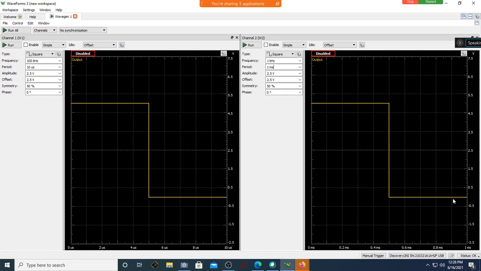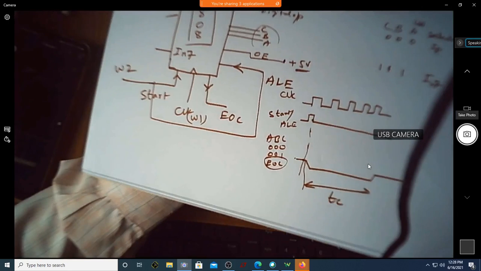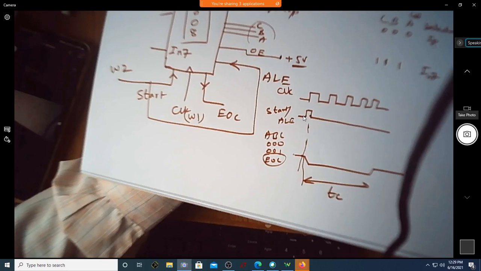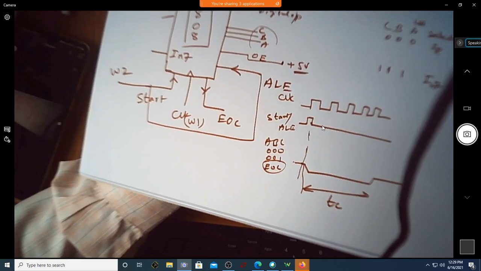So it will be starting from 0 and going to 5. Can you see what is the requirement of a clock like this? Do you want a clock like this? This clock is periodic, but the start of conversion should be a single pulse, and it should be 0 for a long time.